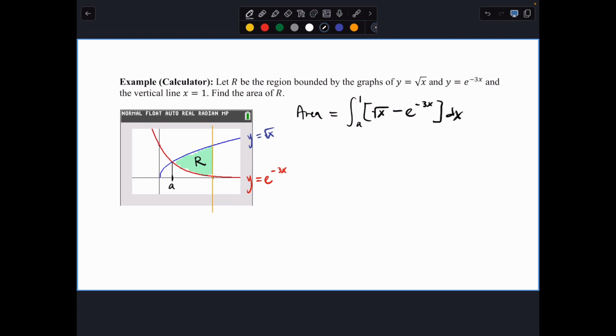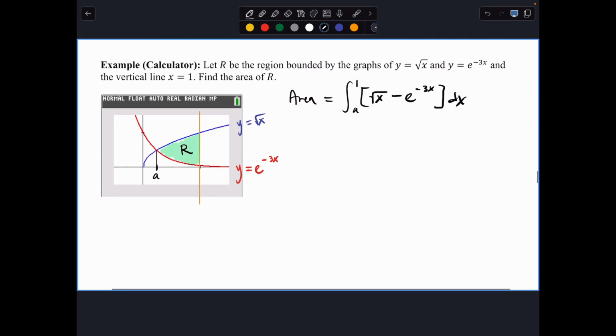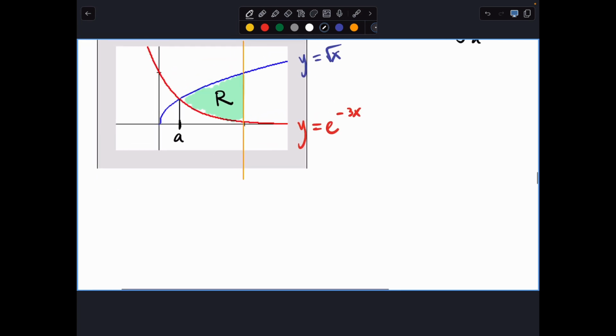Do you guys remember how to find point of intersection on your calculator? We're gonna get 0.239. So what I would do here, you guys, is I would write down what you see.